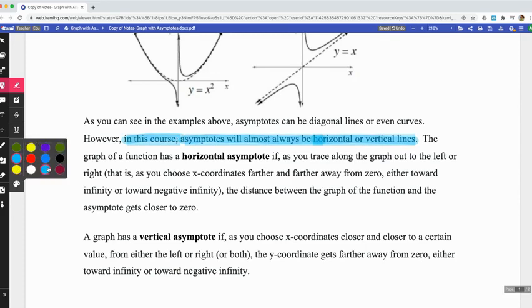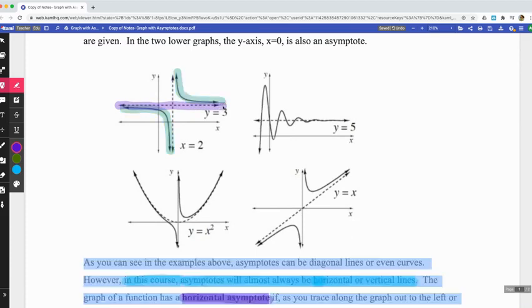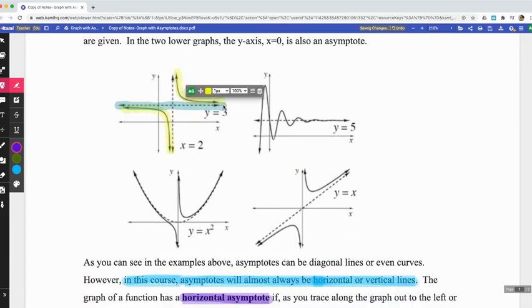So let's first talk about the case of having horizontal ones. A horizontal asymptote is just like this one right here, okay? And it means as the function stretches to the right and the left, so you have to consider in your mind if this function were to keep going this way, towards the negative and positive x directions, that means this line is going to get closer and closer to this dashed line and never touch.